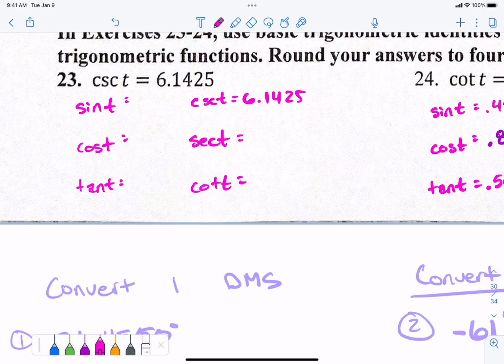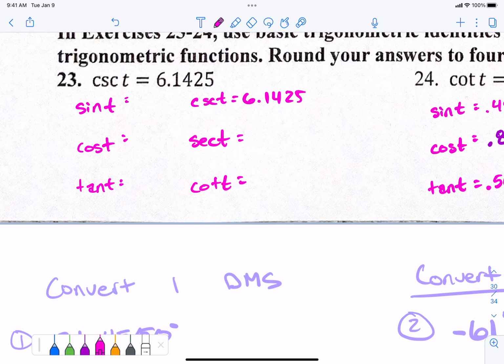Now, you might use a different identity than I do, and that is totally fine. What identity would you use to get from sine?